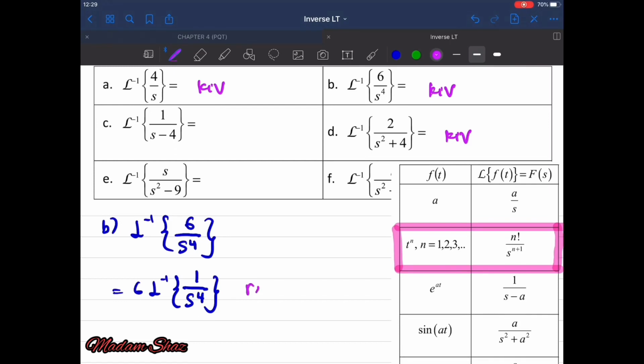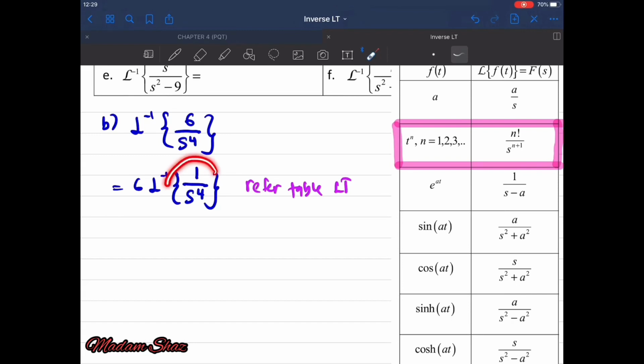So now refer to the table, whereby you have a constant at the upper side, divided by s with a power at the bottom side. By referring to the table, this one is the suitable one, whereby you have n factorial, divided by s to the power of n plus 1, and your answer will become t to the power of n.